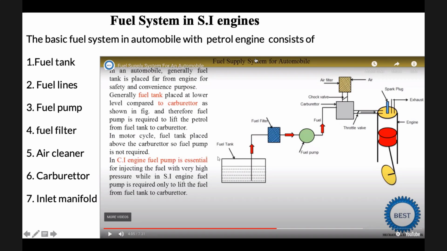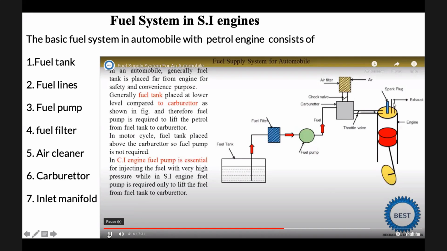So if you want to inject your fuel inside the combustion chamber, then you have to pressurize the fuel so that it can be atomized inside your combustion chamber. That is compulsory. Why? Because the fuel pump is used for injecting the fuel at very high pressure.